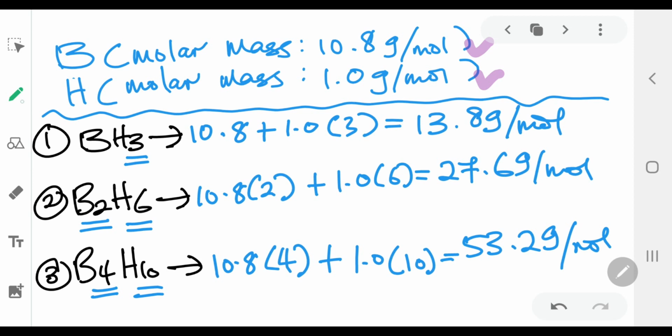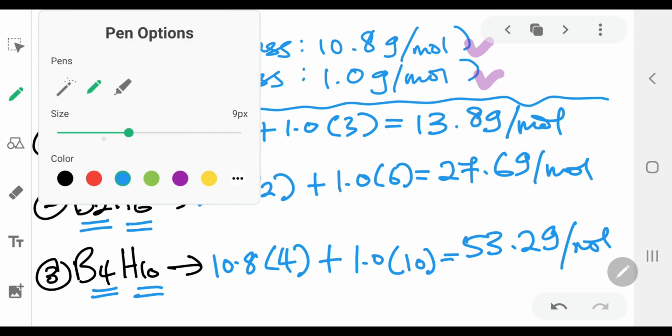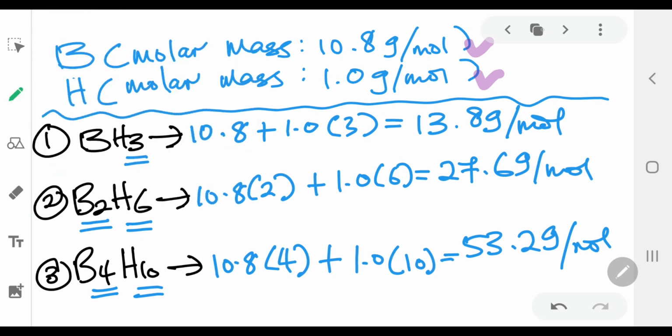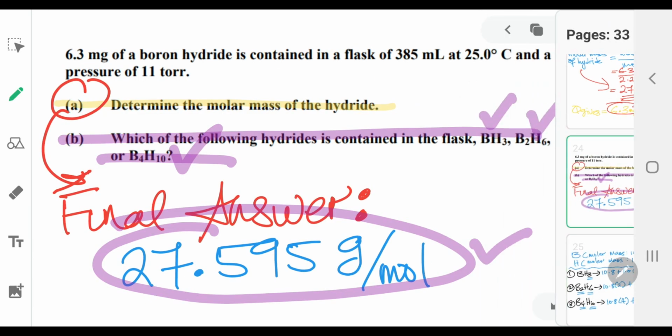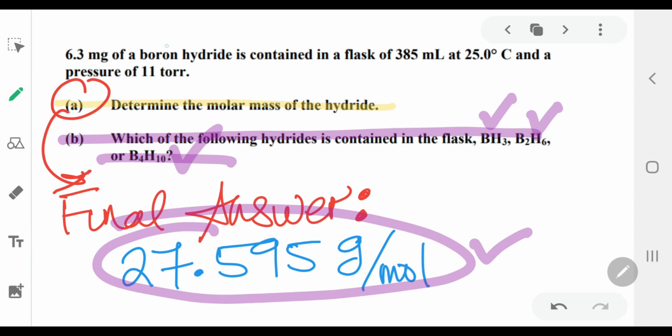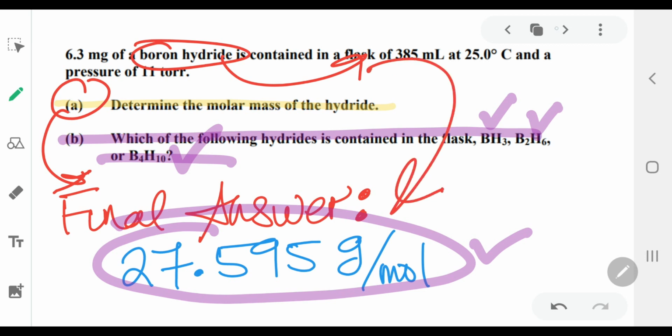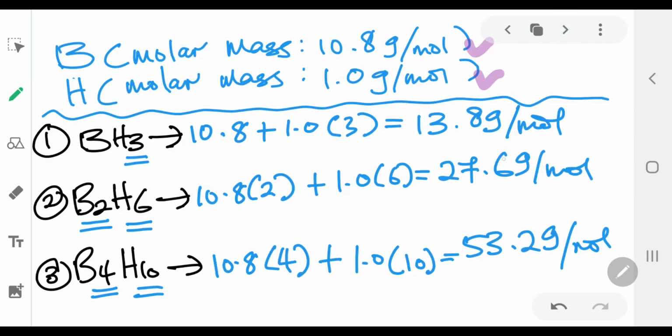So which one of these three over here will be the closest to the one that we have worked out? We have identified that the boron hydride inside the flask has a molar mass of 27.595. Among all these three, which one is the closest? That one is the closest.